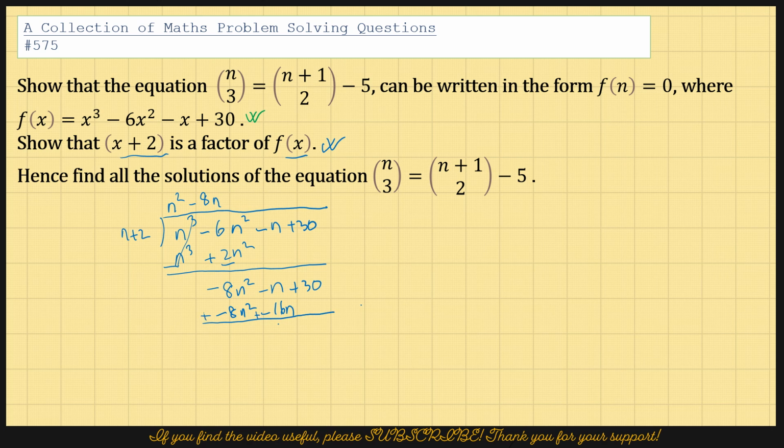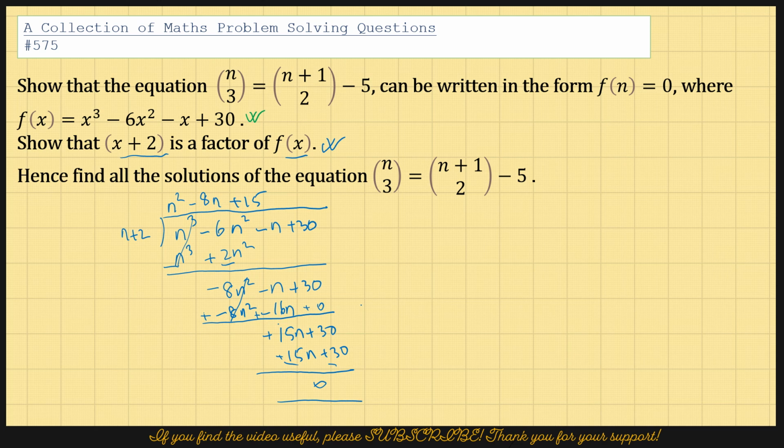So then what we have is 8n squared gets cancelled out, and we get plus 15n plus 30. Then the next we can put plus 15, and we'd have plus 15n plus 30, and if you subtract you will get 0.